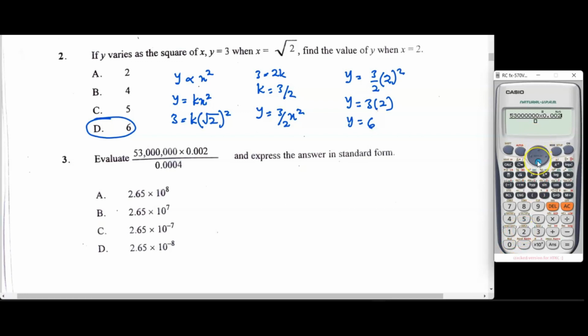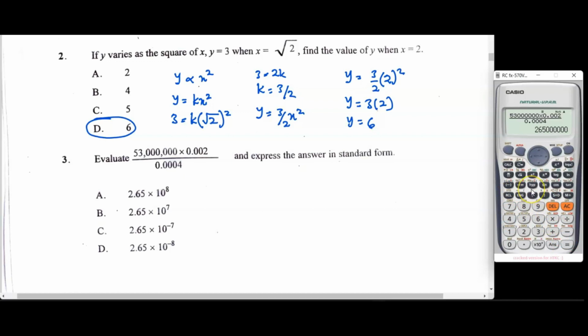Then we come to the denominator, then we have 0.0004. Then we just key in our enter.